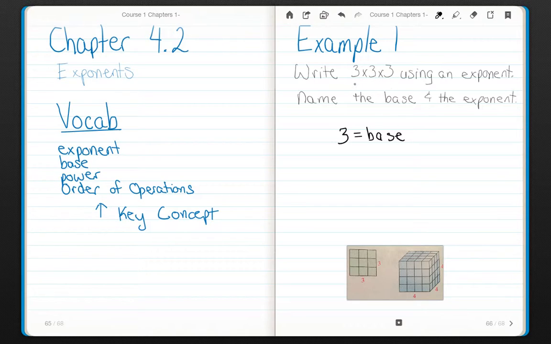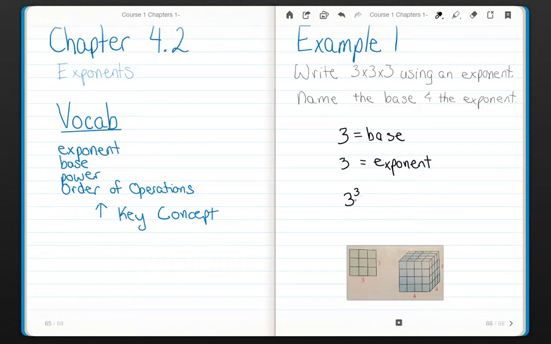It is the factor, using proper terminology, that I'm going to multiply. There are 3 of them, so my exponent is also 3. It's how many 3's I'm multiplying together. So, writing it using an exponent is 3 to the third.